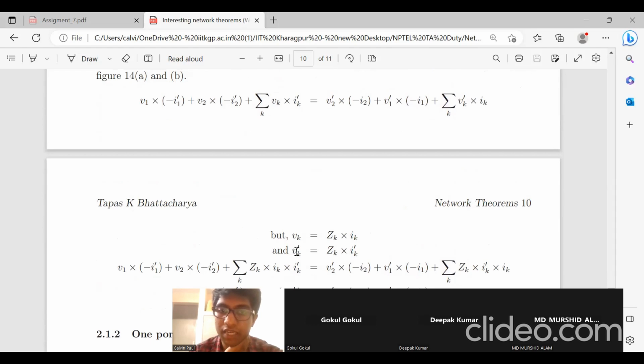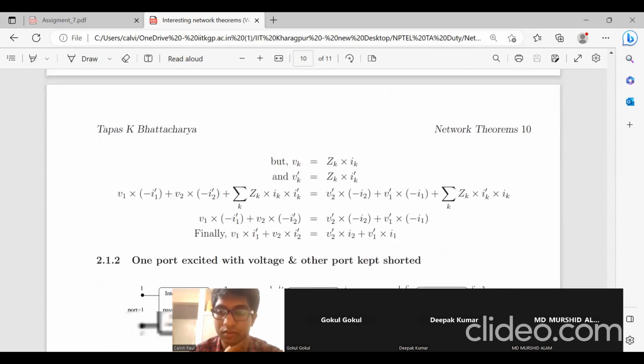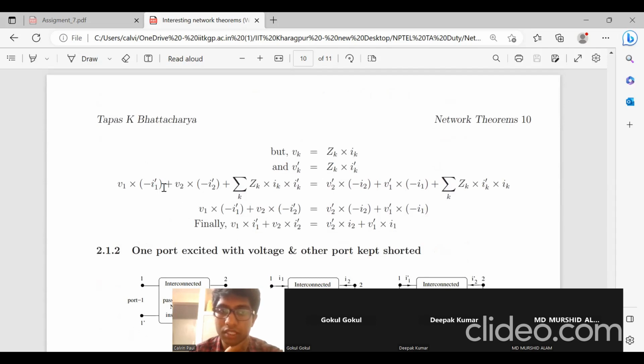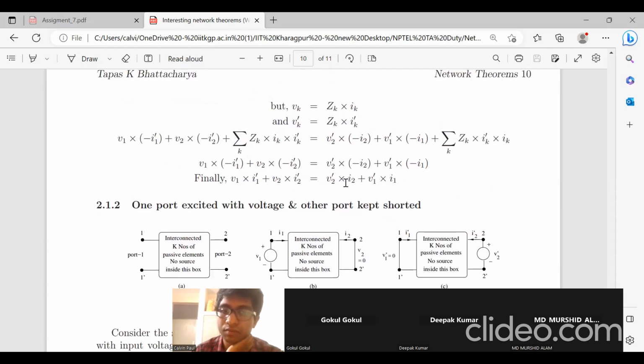When we substitute Vk and Vk dash in this equation, we get V1 into minus I1 dash plus V2 into minus I2 dash plus summation K Zk into Ik dash, equal to V2 dash into minus I2 plus V1 dash into minus I1 plus summation K Zk into Ik dash into Ik. So effectively we get V1 into minus I1 dash plus V2 into minus I2 dash is equal to V2 dash into minus I2 plus V1 dash into minus I1.